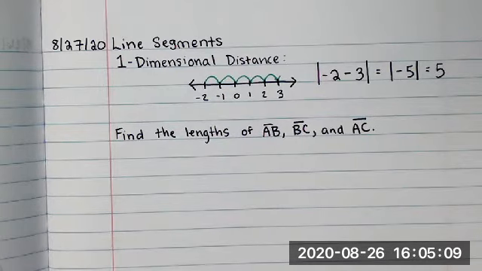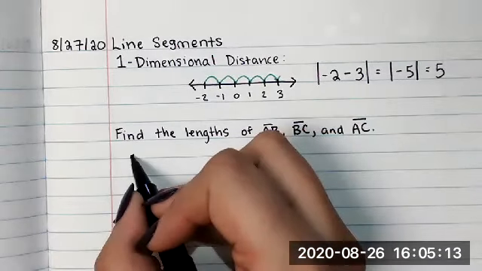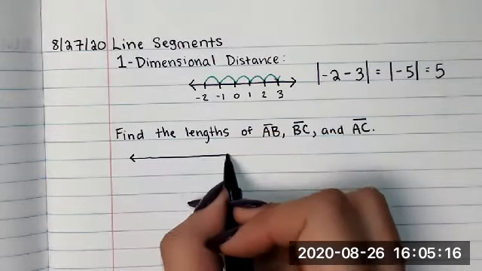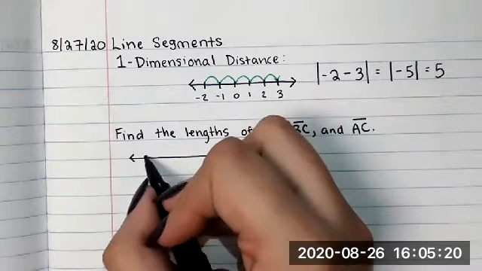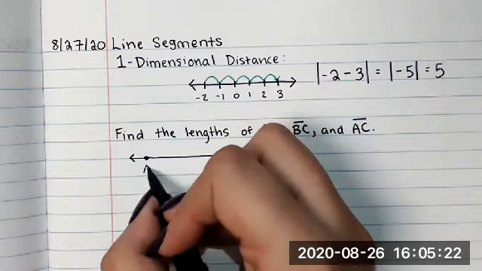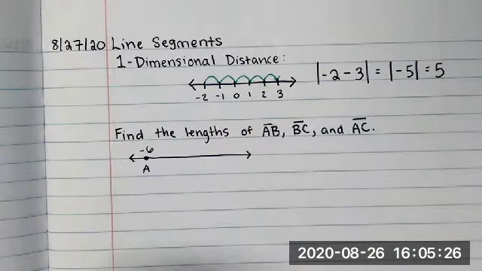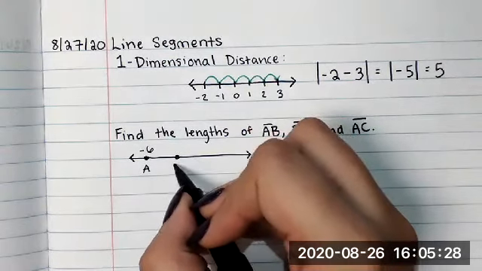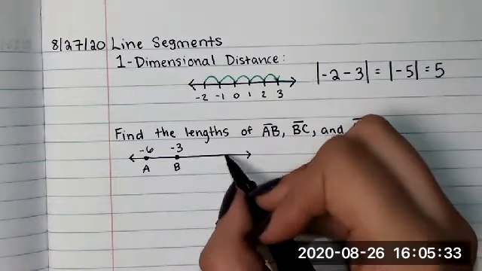So I'm going to draw a number line. It might take you a moment to copy it all down. That's okay. But over here, we're going to have point A at -6. And here I'll put point B at -3.